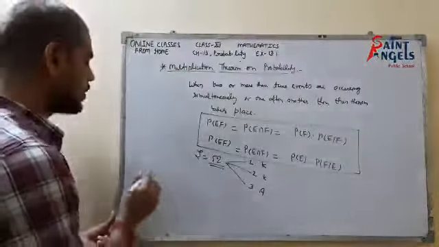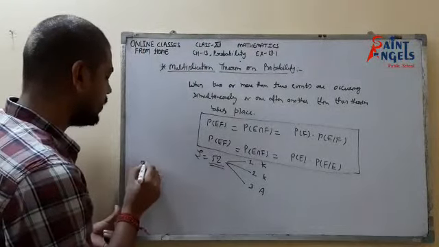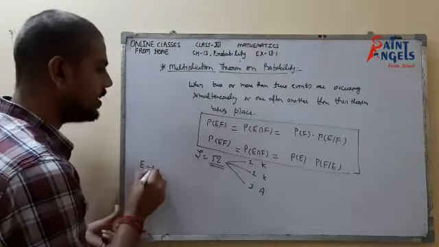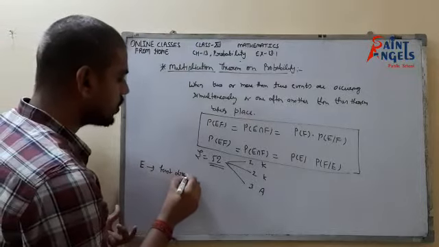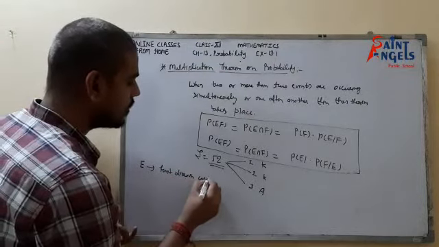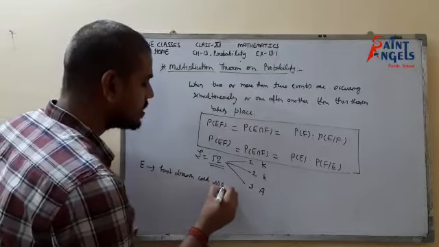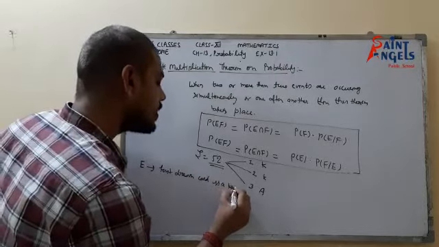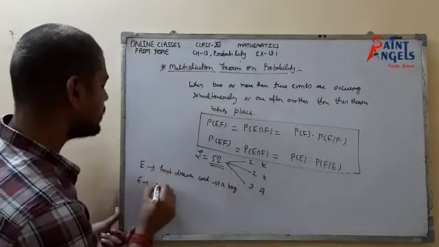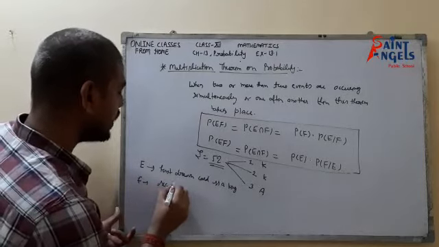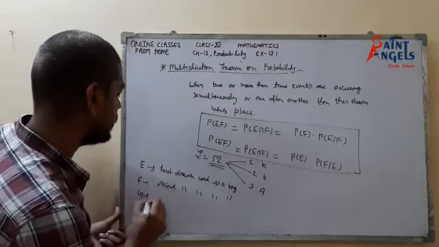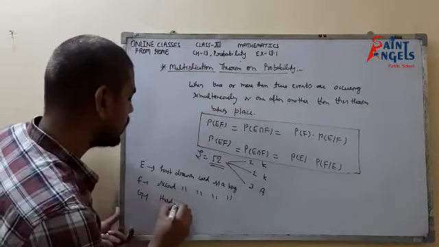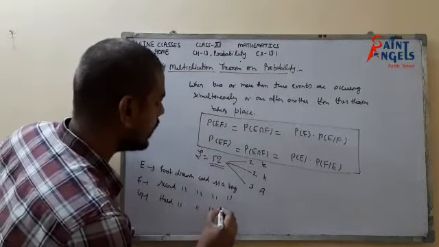Now suppose let E be the event: first drawn card is a king. Event F is: second drawn card is a king too, and event G is: third drawn card is an ace.